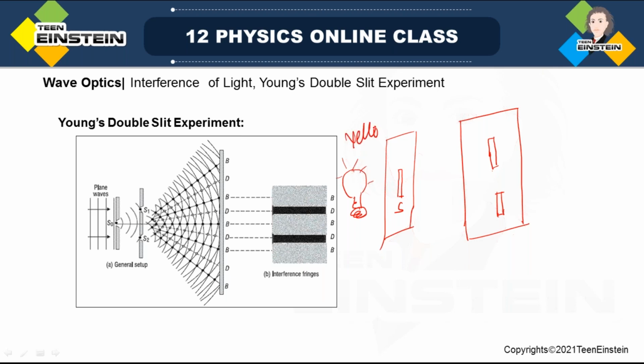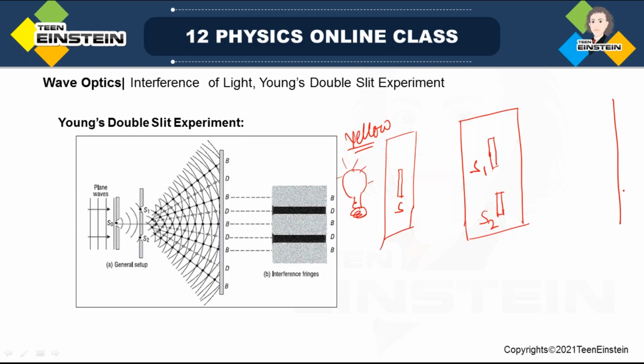Yellow light is monochromatic light, so you have to use monochromatic light first of all to have coherence. That is the sodium vapor lamp here. Of the two slits, this is S1 and this is S2.